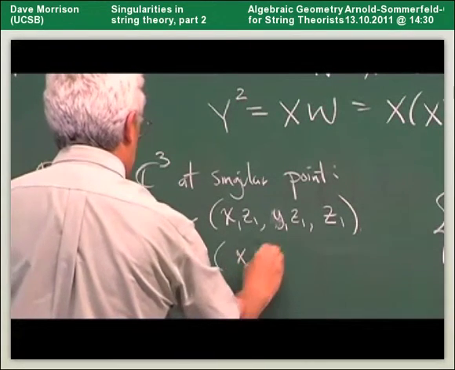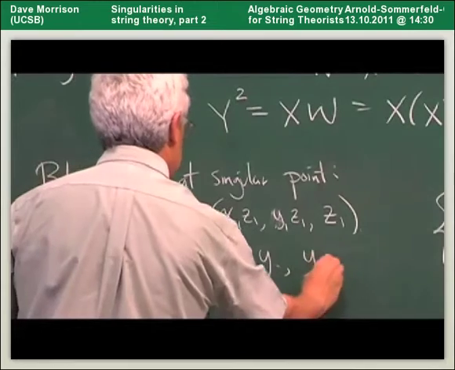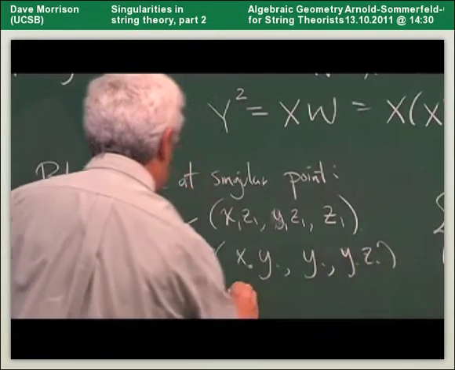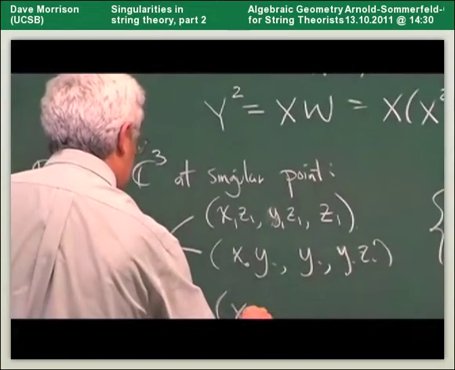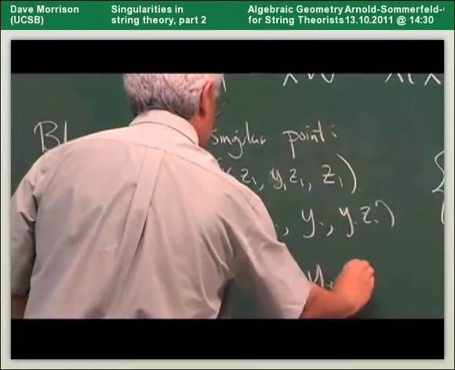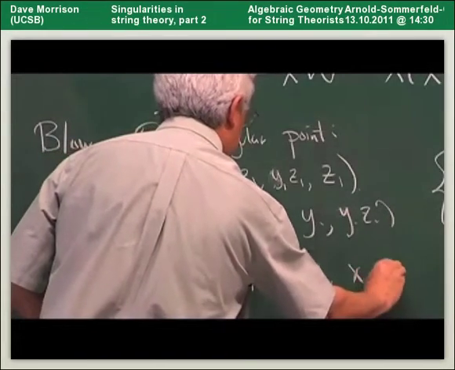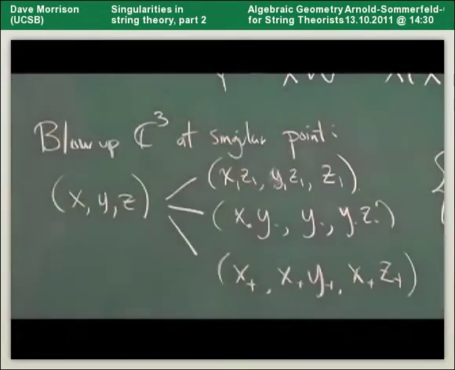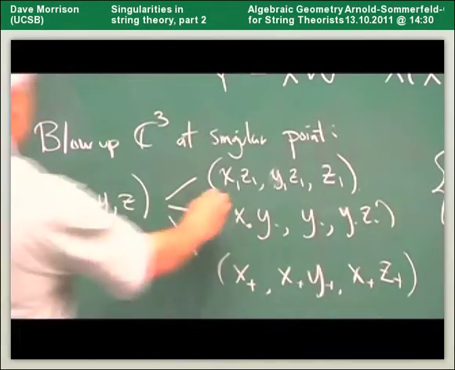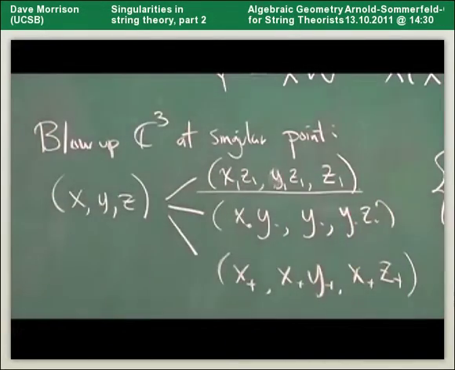X something, y something, and y something, z something, or x something else, y something else, and x something else, z something else. The reason I'm not committing myself to indices here is I need all the indices I can get for future choices. But this choice of indices I want.